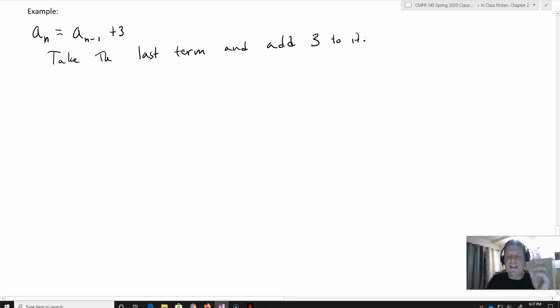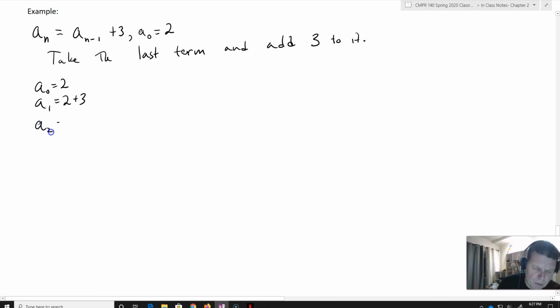Now, here's the thing though. Great, I'm going to add 3 to it, but it's still not going to tell me enough about my sequence. I'm going to need an initial value. I need a value to start with. So I'm going to need an a_0, and I'm going to say that a_0 equals 2. Now I can actually find it. a_0 equals 2, and then a_1 is going to equal 2 plus 3.